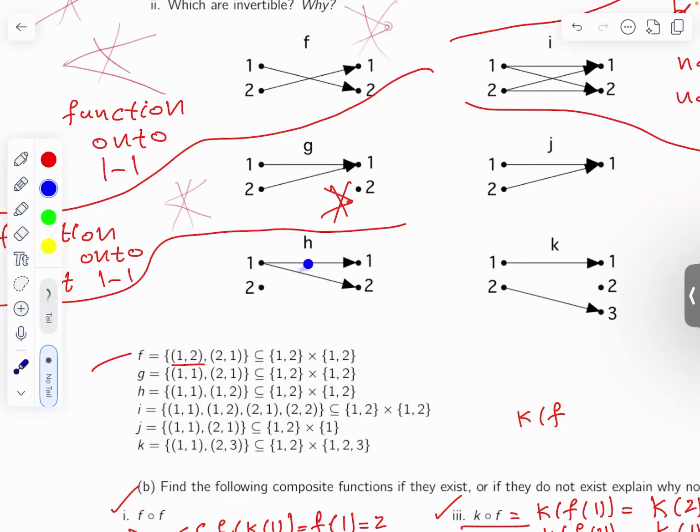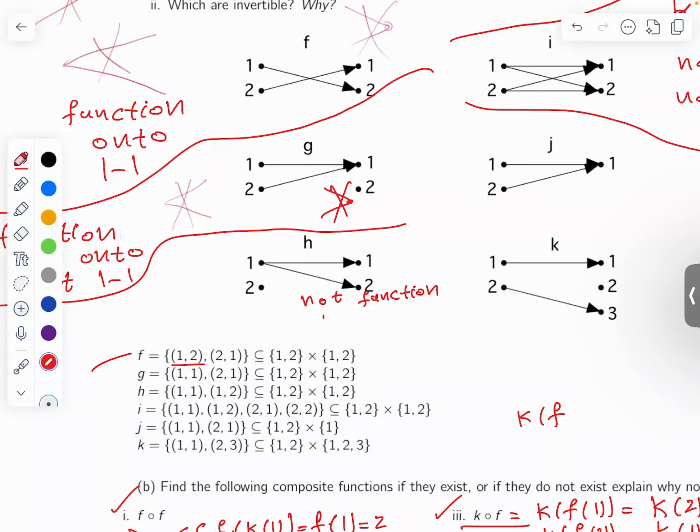So this is the case that we should not see in the definition of a function. So it's not a function. The second reason it's rejected is that it's not covering all the domain's members. So it's not really a function.